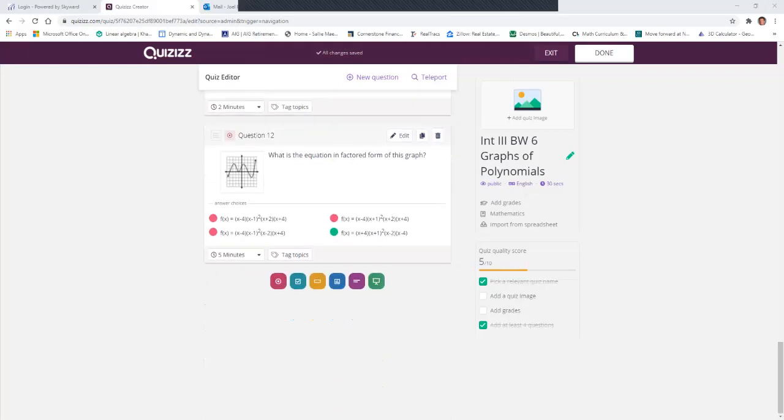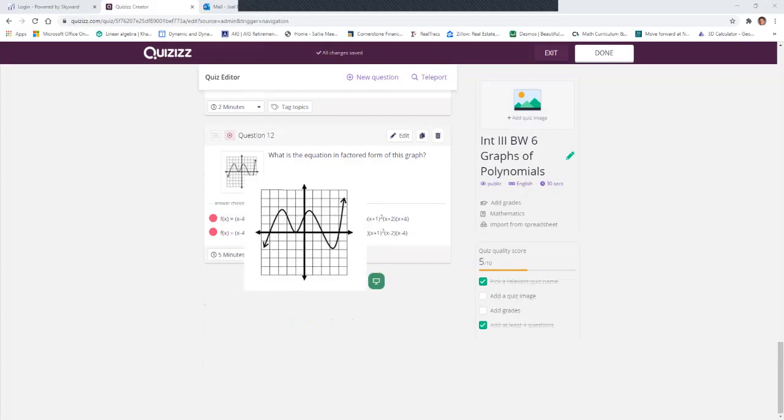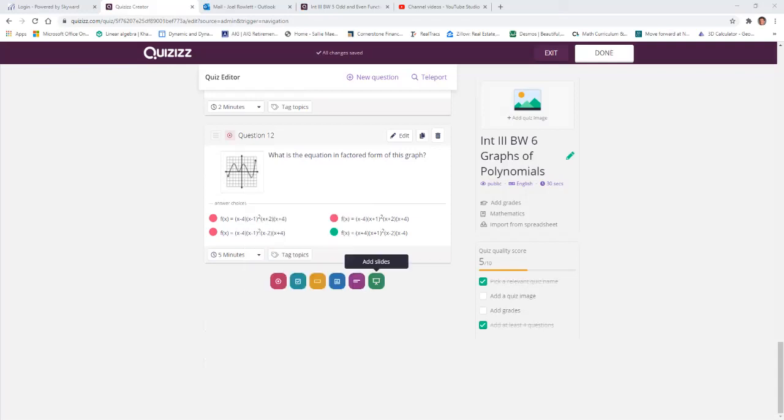Problem number 12, what is the equation in factored form? Well, if we look at this, we have zeros when x is equal to -1, when x is equal to -4, when x is equal to +2, and x is equal to +4. So let's think about that. If we have a 0 at 4, then x minus 4 has to be a factor.